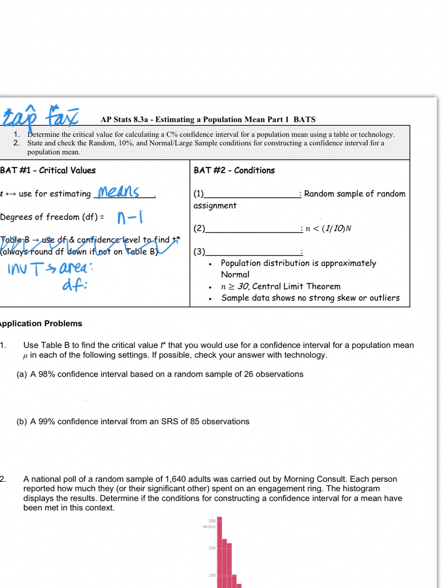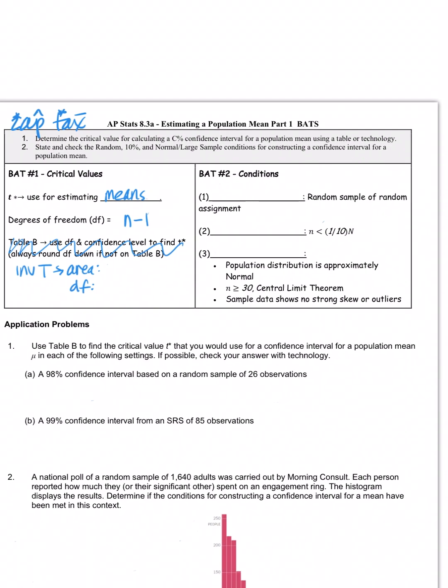And then the conditions, same conditions we've talked about over and over now. Random has to come from a random sample. Our 10% condition, which is really just testing independence. And then lastly is our normal condition.